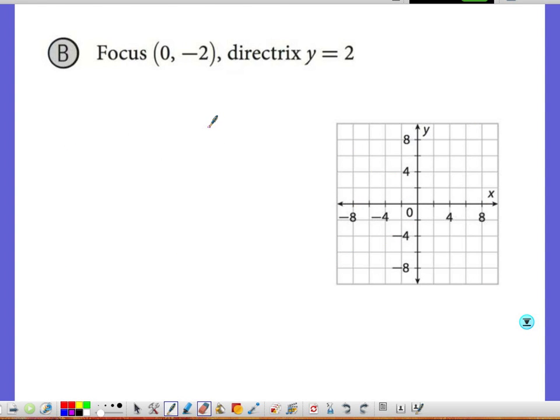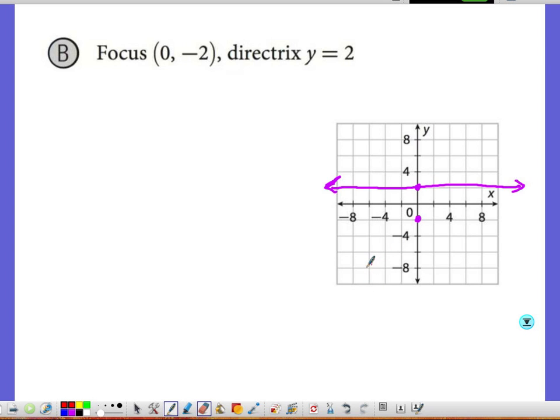So let's go ahead and do one more example. Here, my focus, again, using simple geometry, is at (0, -2), which is right here. My directrix this time is located on the y-axis, and it crosses at y equals 2. Since it crosses at just y equals 2, that means my directrix is now a horizontal line. So again, I want to draw my parabola so that it doesn't intersect the directrix and the focus is inside the parabola.